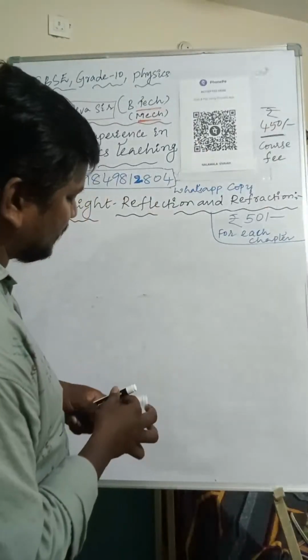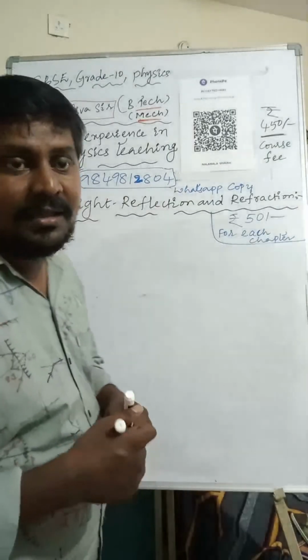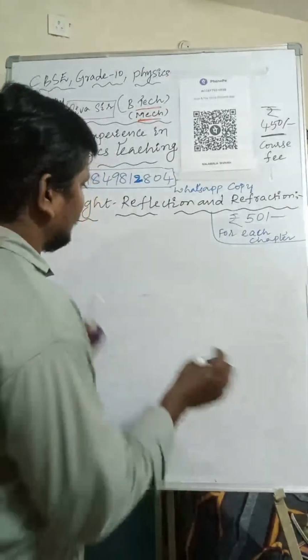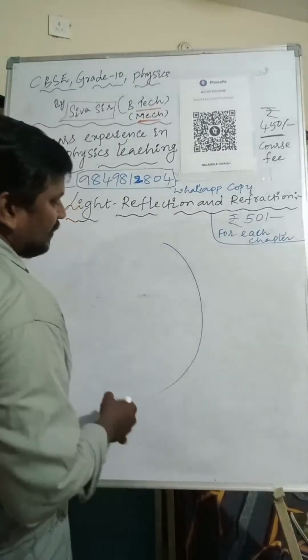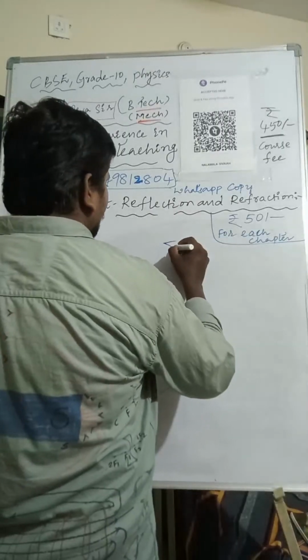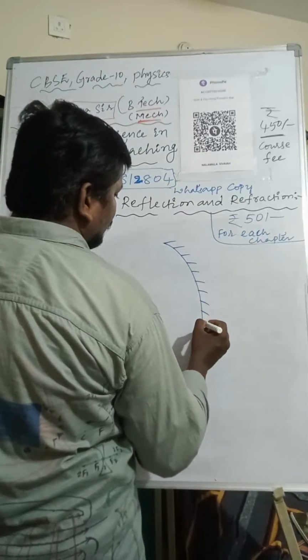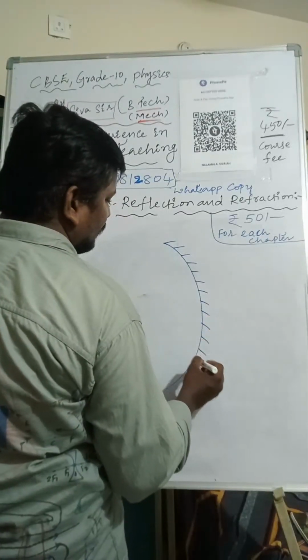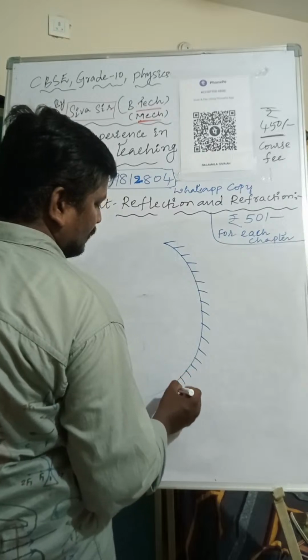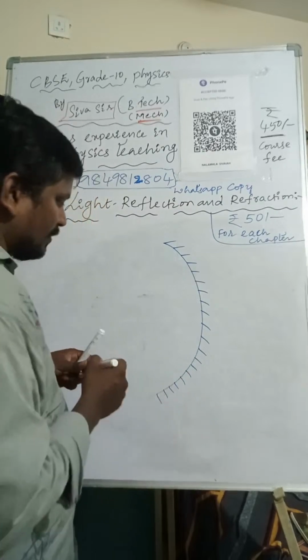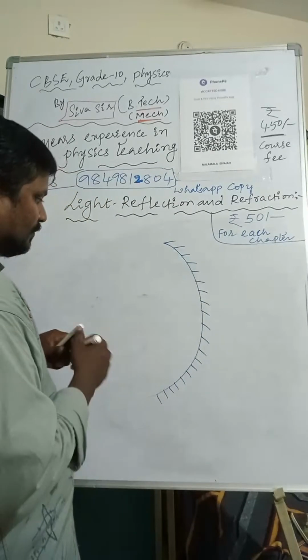Every time you draw the ray rules, you must learn them. So I'm taking a concave mirror. This is a concave mirror.